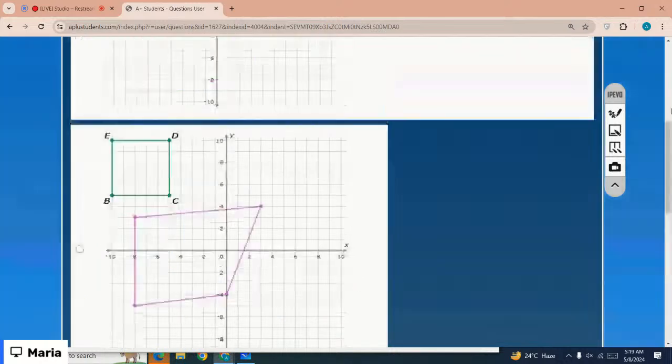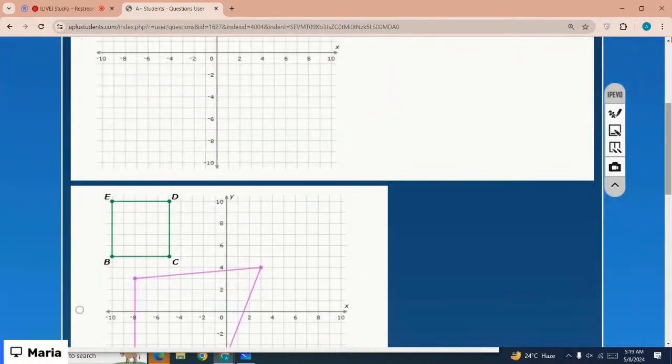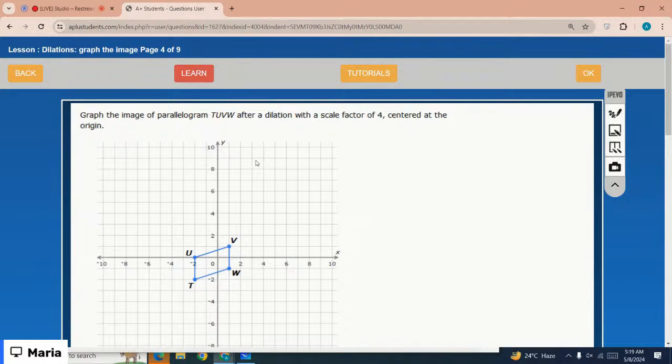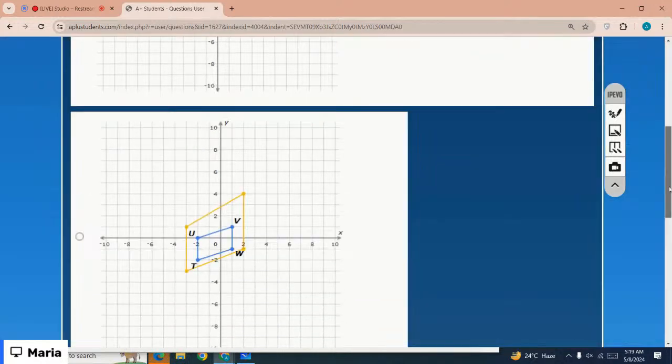Okay, the next one is: graph the image of parallelogram TUVW after the dilation with a scale factor of 4 centered at the origin. So which is the correct option?